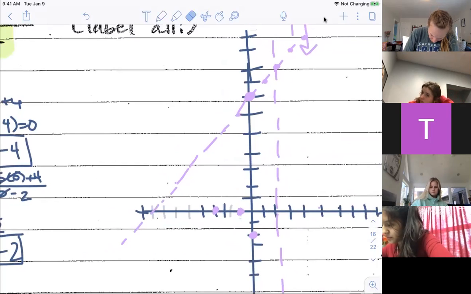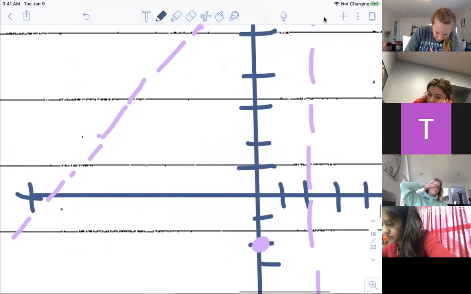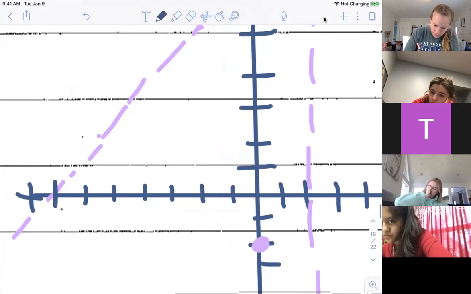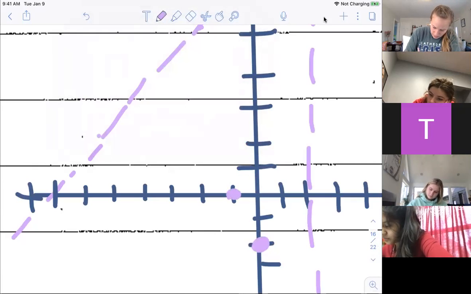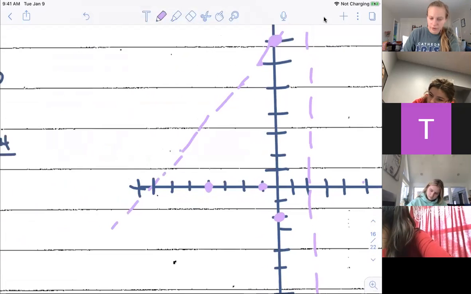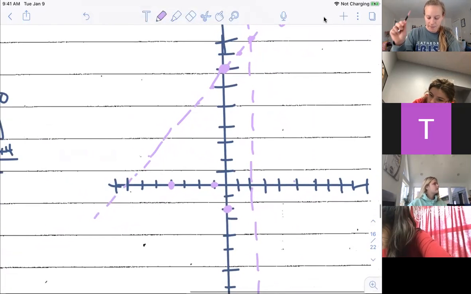My scale's not great. I should be hitting it at 7, not at like 10. Whoa, go back. 7, 6, 5, 4, 3, 2. That's a little bit better. For any of you wondering, my scale was just really bad, so I just changed it a little bit. This looks a little bit more even.